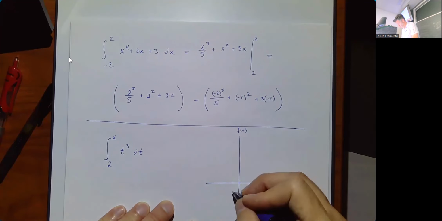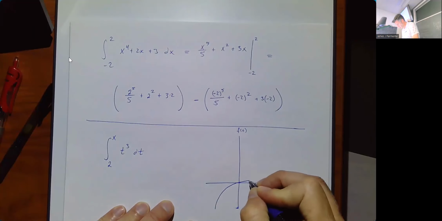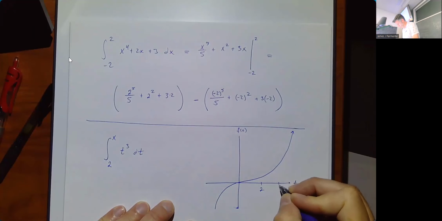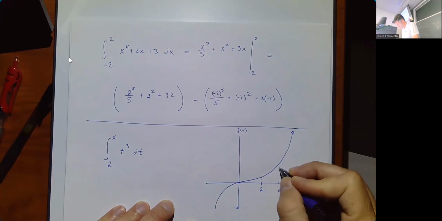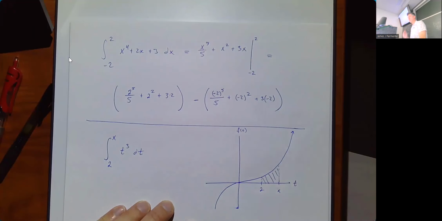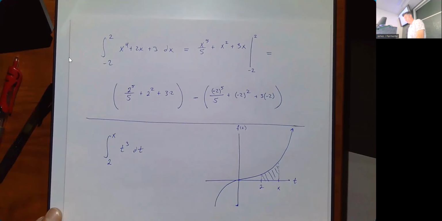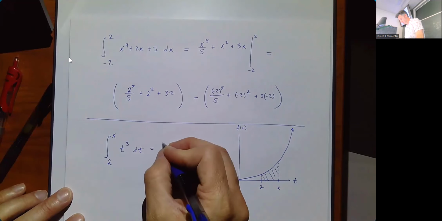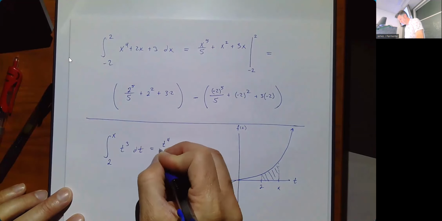T cubed, just like this, from 2 to some x value. So I'm trying to find this area. And even though it's kind of cheating, we're just going to use the fundamental theorem of calculus that we just talked about. So we're going to find the antiderivative of t cubed, which is t to the 4th over 4.